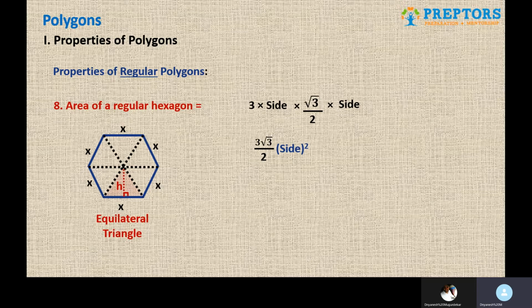So this is the direct formula of area of hexagon, which you can remember, 3 root 3 by 2 into side square, or you can derive it this way by using semi-perimeter into h, or you can do the equilateral triangle's area into 6 equilateral triangles, whichever way you remember, whichever way you look at it. Remember all the ways. As I said, you never know which one will be handy at which scenario. So this is how we apply the formula.